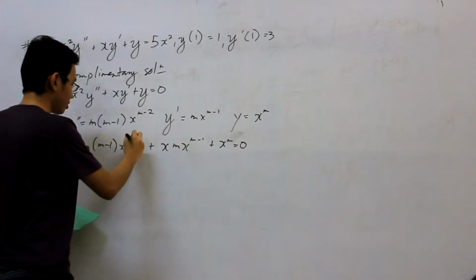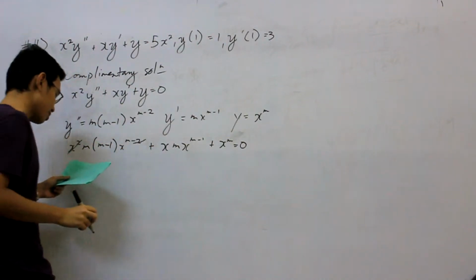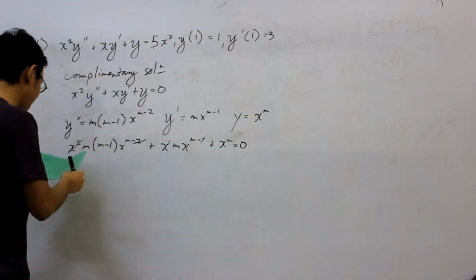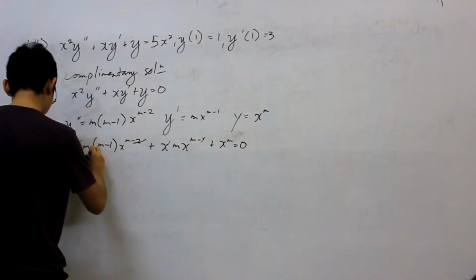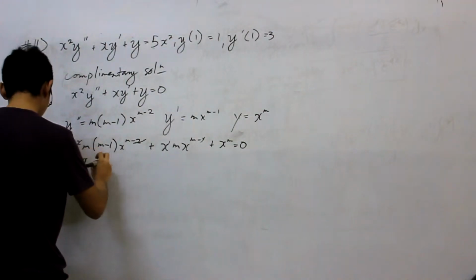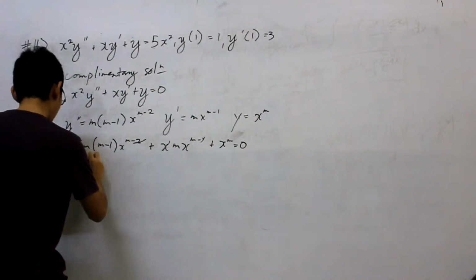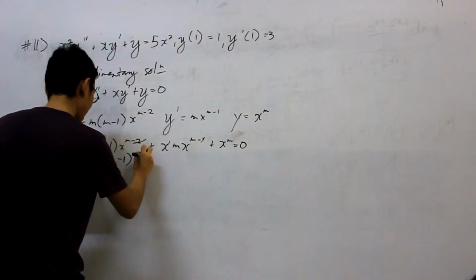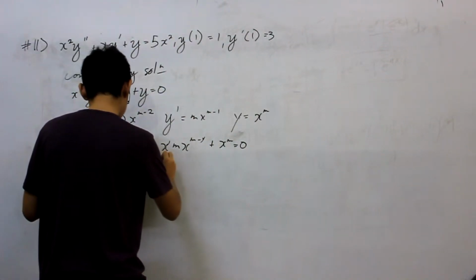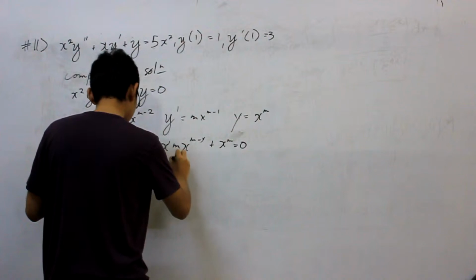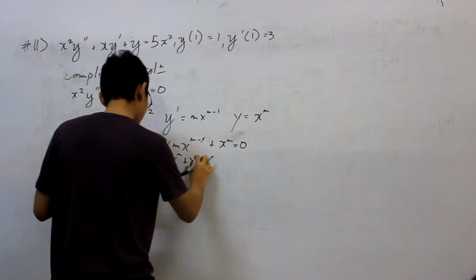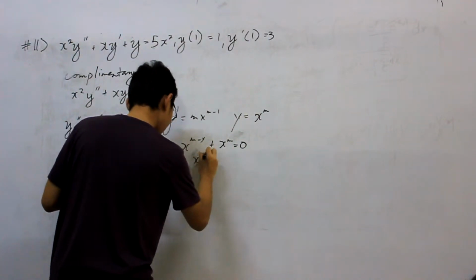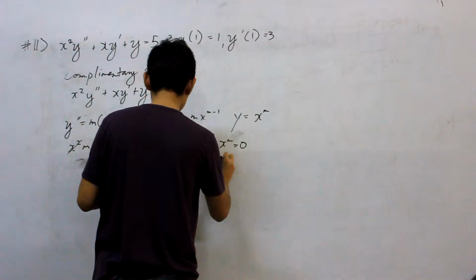So we have m(m minus 1) x raised to the power m plus m x raised to the power m plus x raised to the power m is equal to 0.